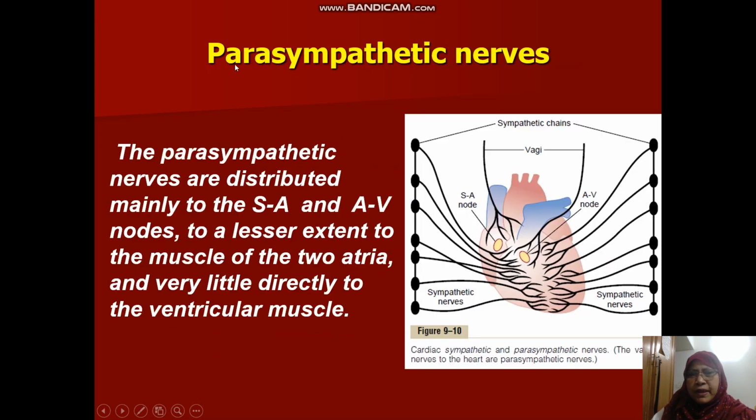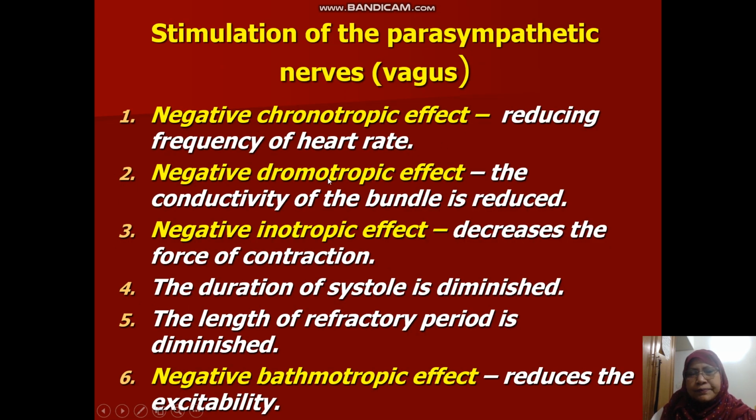And what about the parasympathetic nerves? It is shown that parasympathetic is supplied to the SA node and AV node, and the effect is just opposite to the sympathetic. That is, the parasympathetic effect is negative to the heart: it decreases the heart rate, that is negative chronotropic effect. It decreases the conductivity, that is negative dromotropic effect.